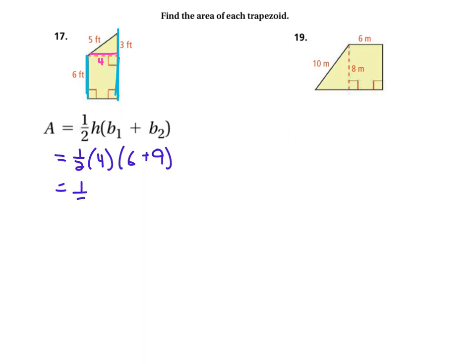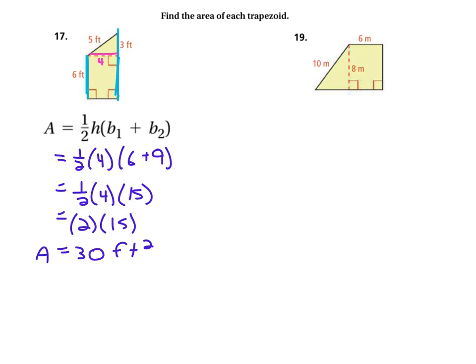So we've got 1/2 times 4 times 15. And we can take half of 4. Half of 4 is 2. So we're then doing 2 times 15, and that is 30. What's the units? Feet squared. That's the area of that trapezoid.